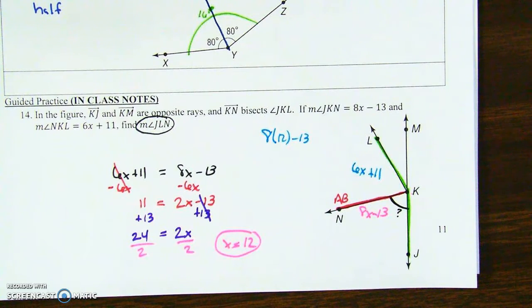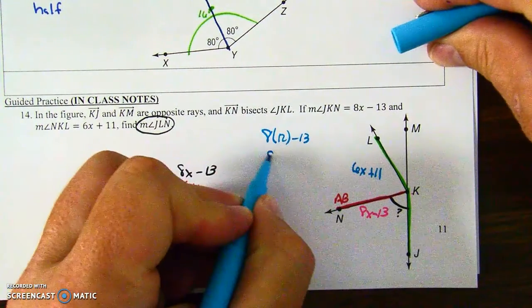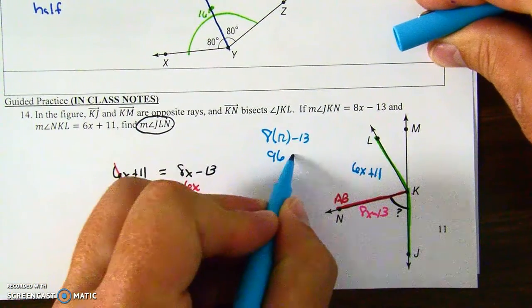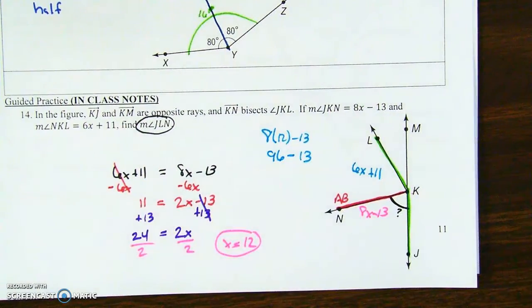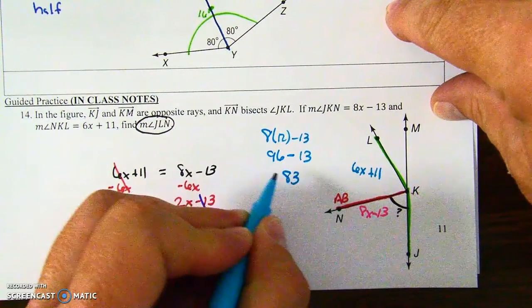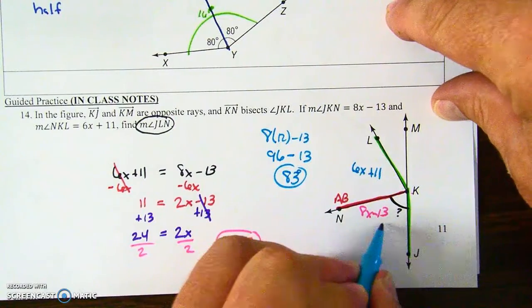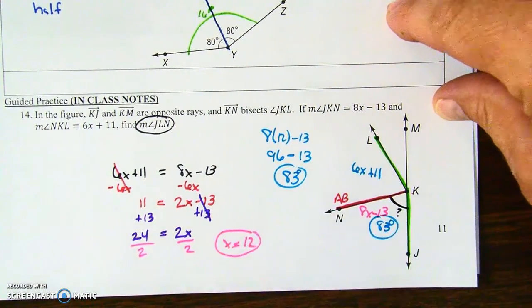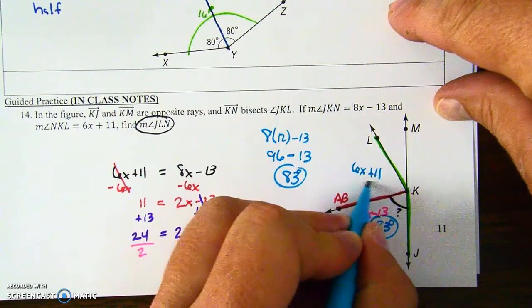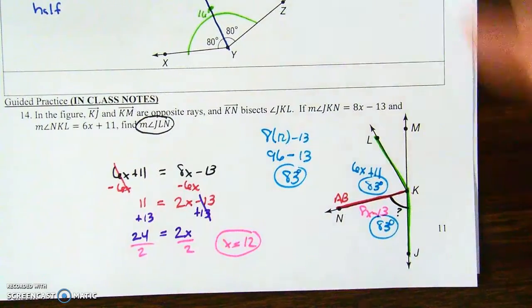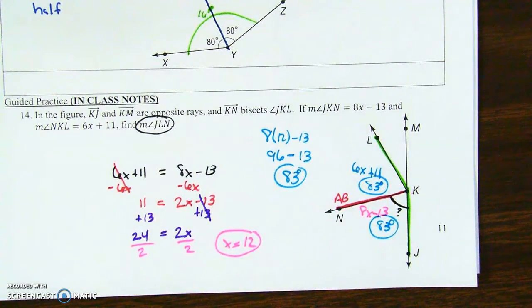Hold on a second. So 8 times 12 equals 96. Then 96 minus 13 gives an answer of 83 degrees. So this side is 83 degrees. That means if this is the angle bisector, this is 83 degrees as well.